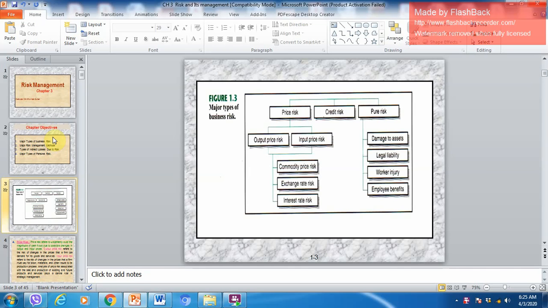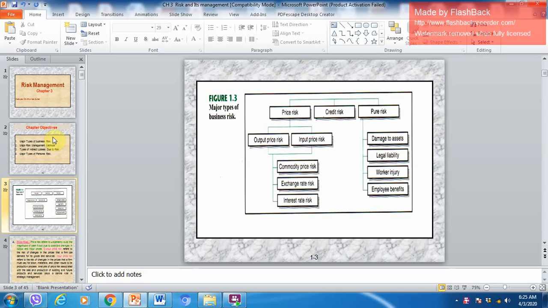Now the second point of the price risk is output price risk. Output price risk refers to the risk of changes in the prices that a firm can demand for its goods and services. For example, you set the target price of your product that you will charge the consumers or customers, but you cannot get the price due to some reasons in the market.